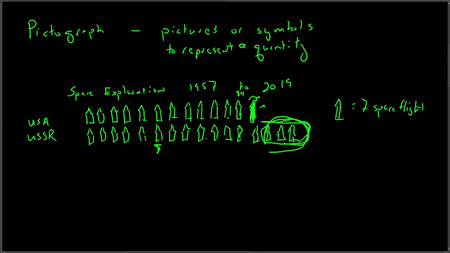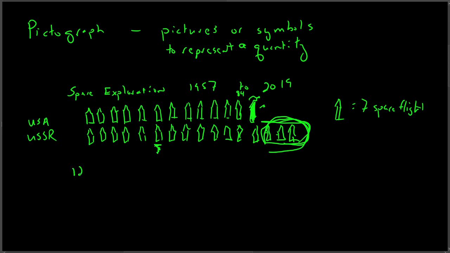And visual information is the key. We can approximate the number that the U.S. had. There's 12 full rockets and about a half.